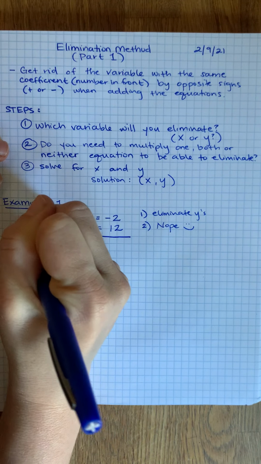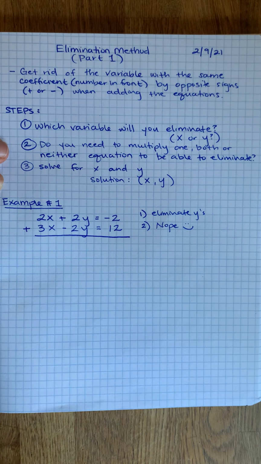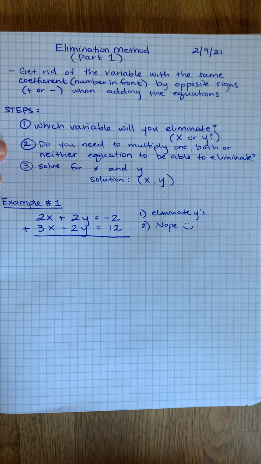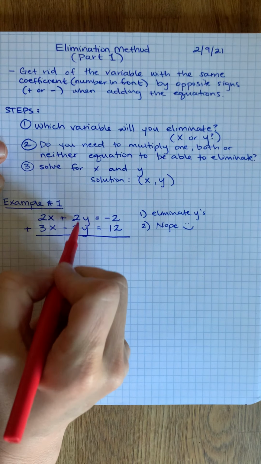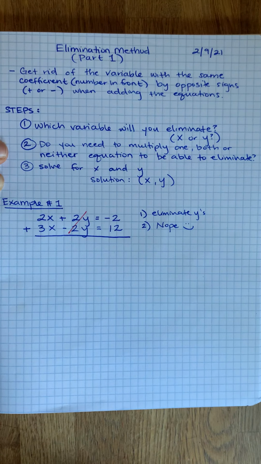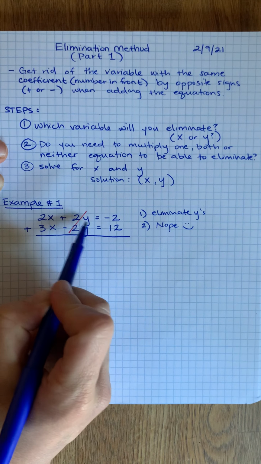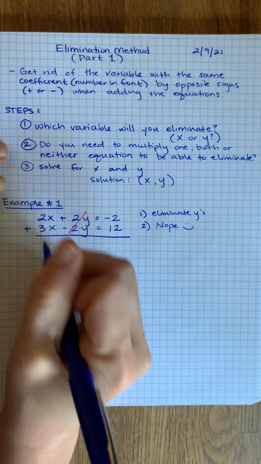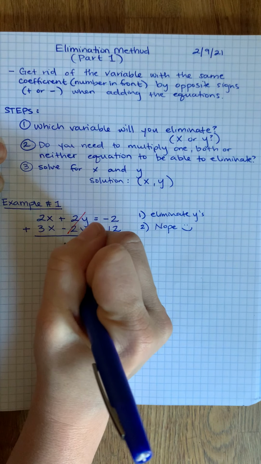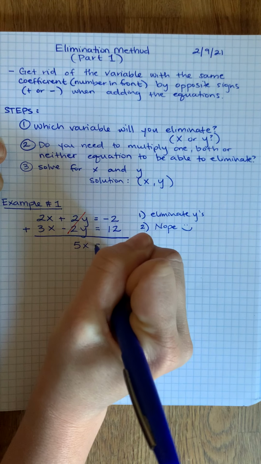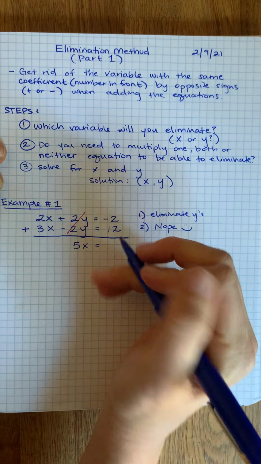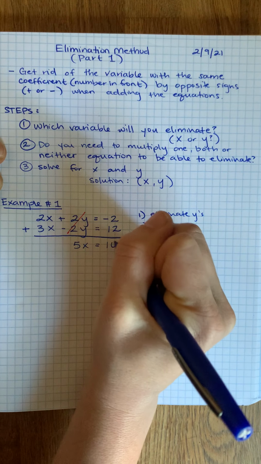So I'm going to add these two equations together. And when I do that, these are eliminated because 2y plus -2y is 0. And then I'm going to add my x's. So I have 5x equals -2 plus 12, which is 10.